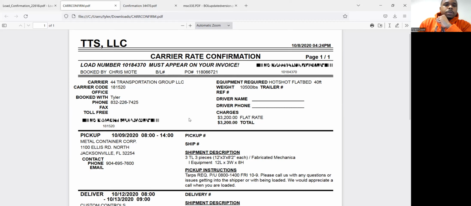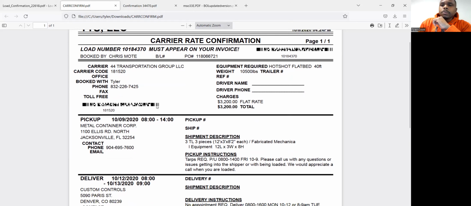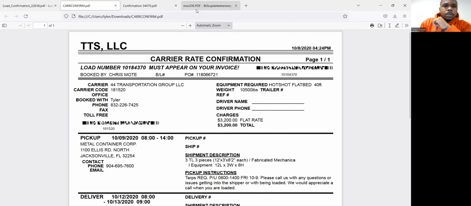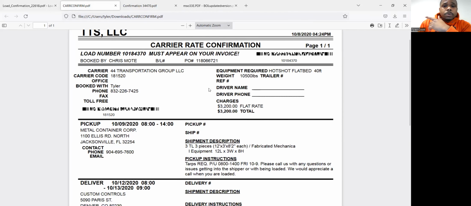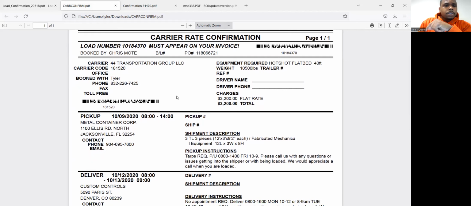But right now, we're just going to plug in this information. I'm basically going to copy and paste over what we already did. This happened before with another driver, which is why I believe the date's different. So pickup date: 10/9/2020.